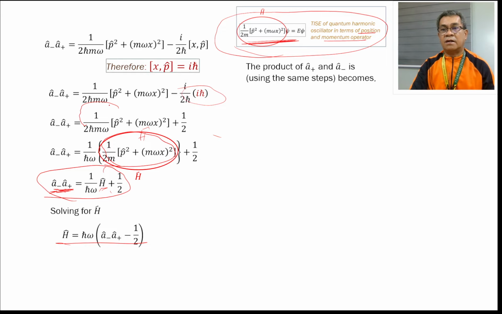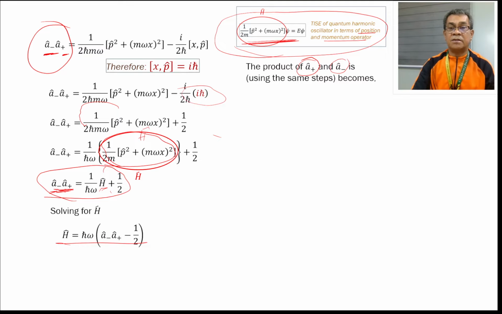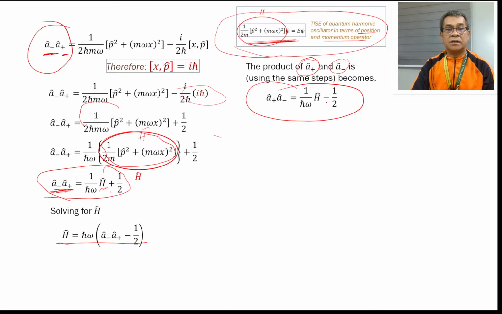Now, previously, of course, what we did is we multiplied the lowering by the raising operator. Now, what about the product of the raising multiplied by the lowering? Do they have the same result? Of course not. If we follow the same steps as previously, then the result we come up with has this negative.